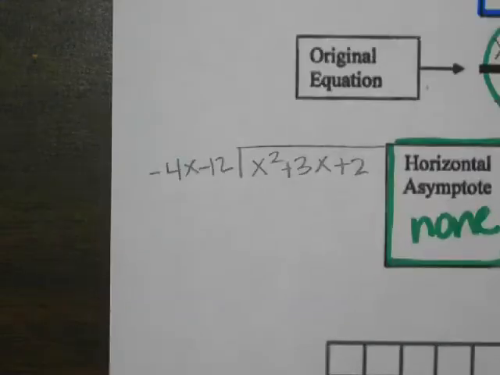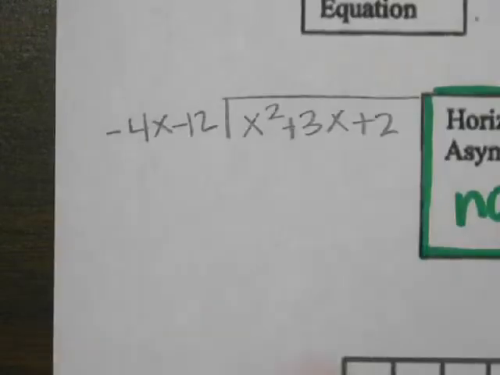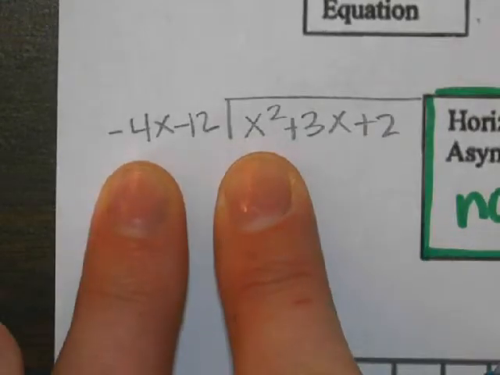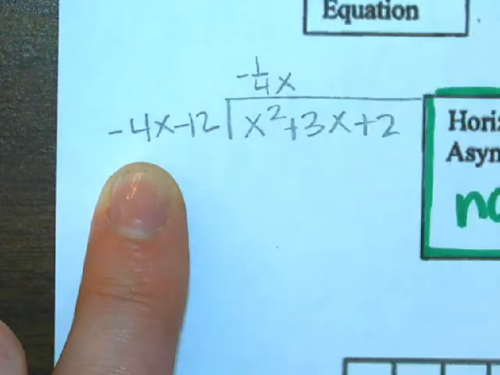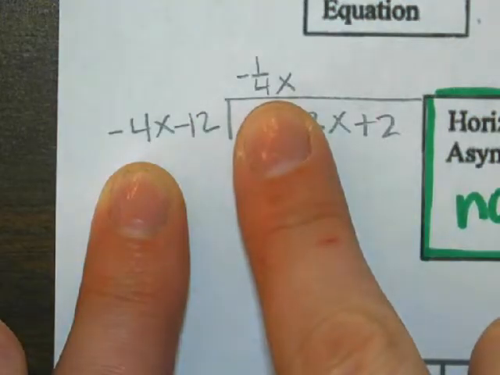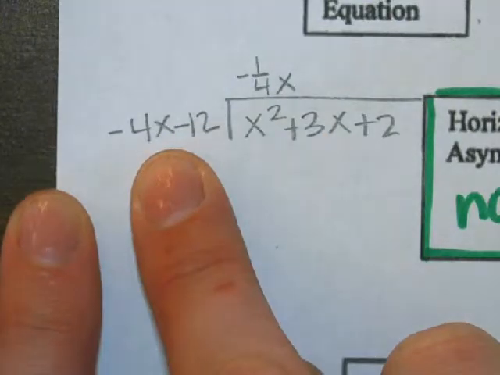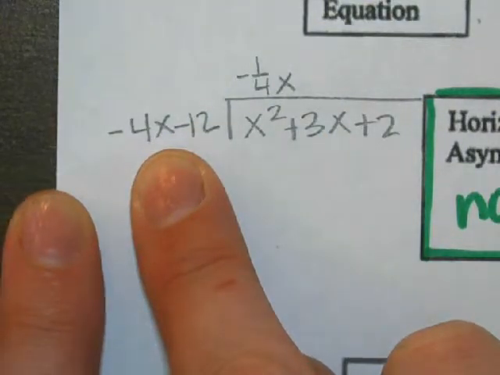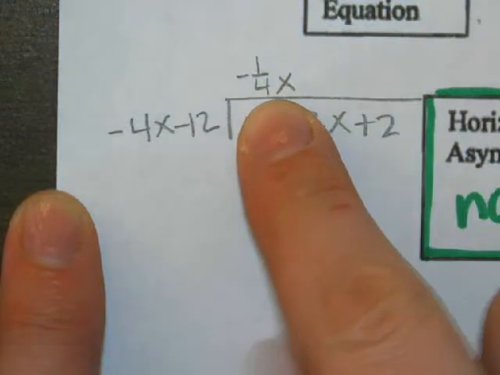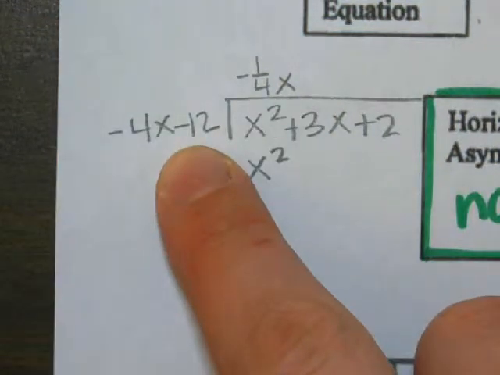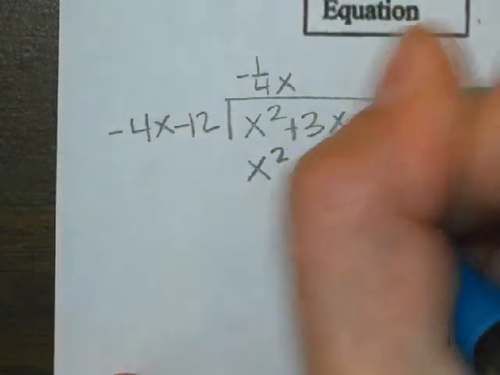Okay. So if we look at this, what do we have? Negative 1/4 x. So negative 1/4 x multiplied by negative 4x is x squared. Negative 1/4 x times negative 12 is 3x.